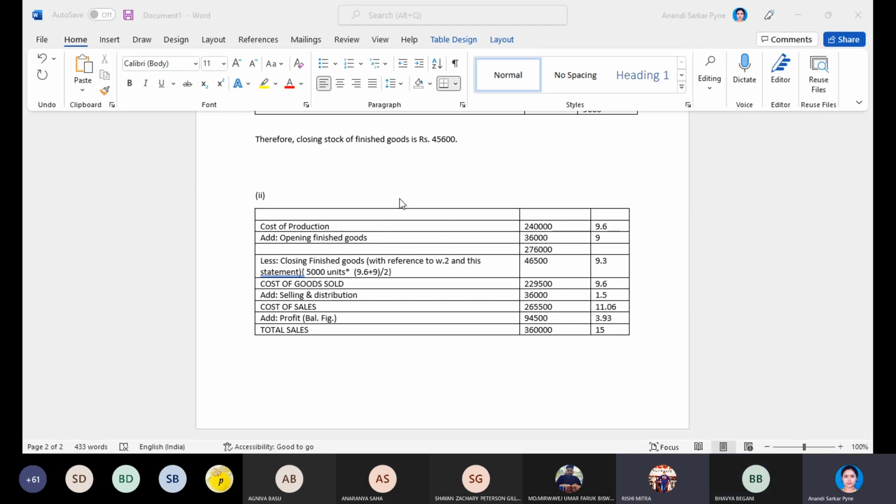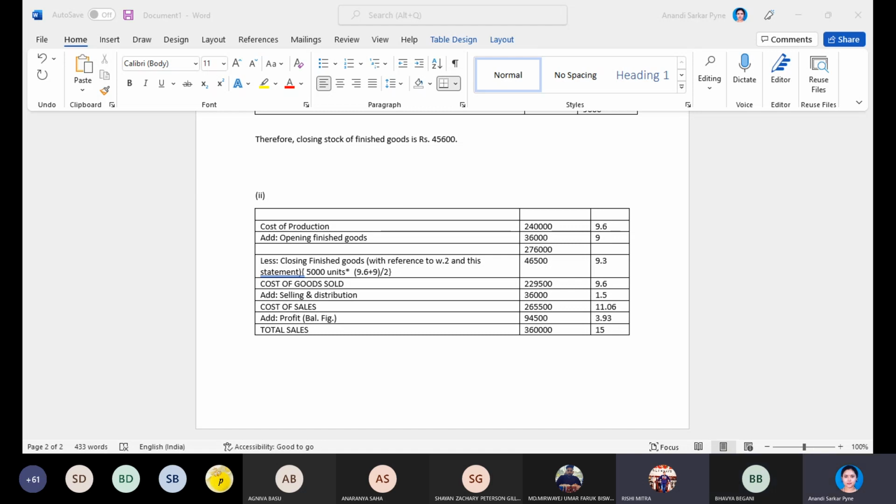So we will take whatever the statement is telling, because we have transferred to simple average. So it will be 11.1, but when we divide 2,65,500, it comes to 11.06.